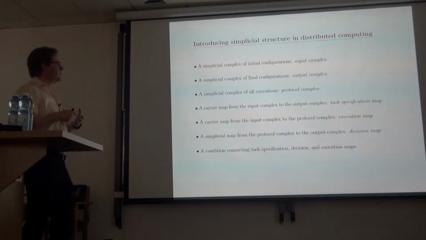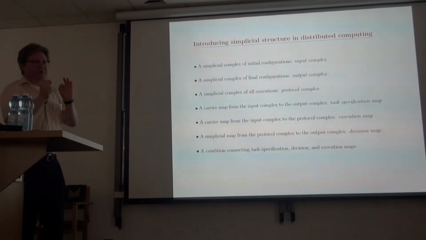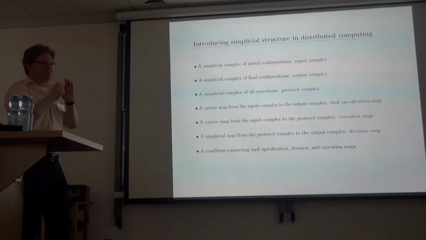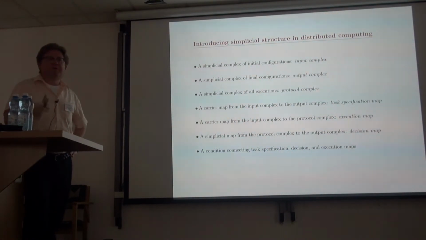So the vertices in the protocol complex are the local views of processes, and the top-dimensional simplices are actually executions, or if you want, in the model, the totality of coherent views. And lower-dimensional simplices will be views of subsets of processes. And the things you say about simplicial complexes will correspond to what's going on in the communication model.